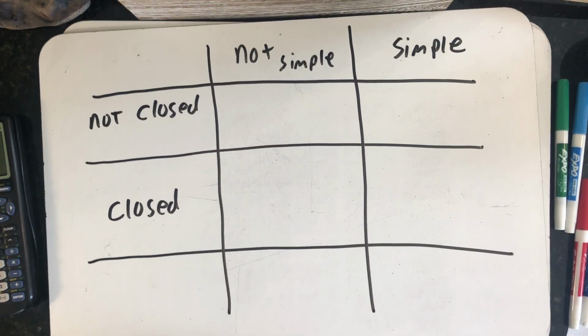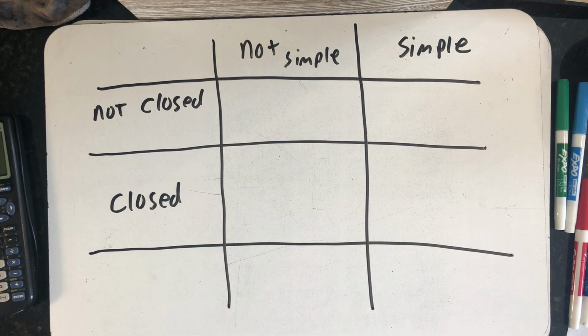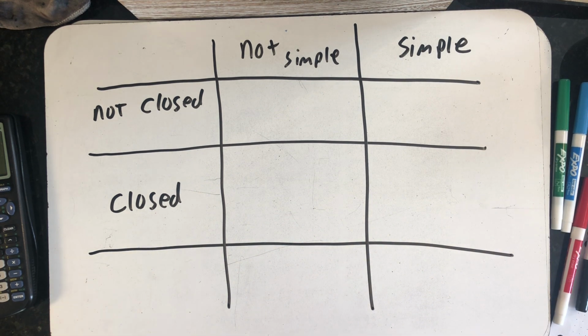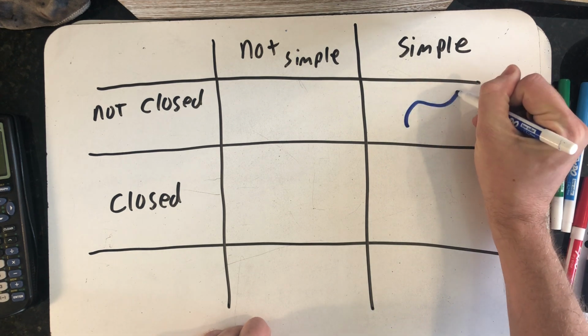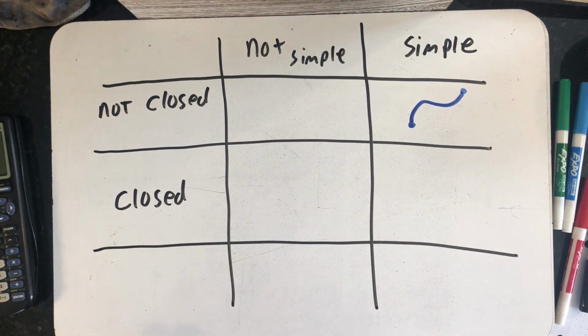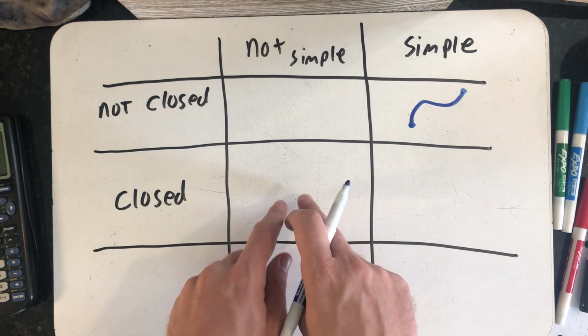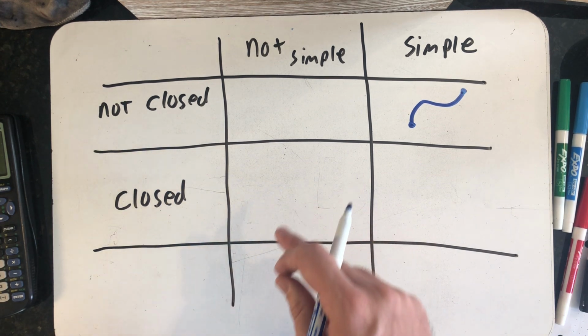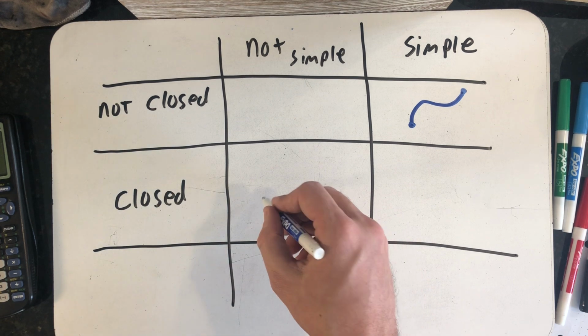So I've given us a little table here, so I want to talk about these things by example. When I say simple, I mean a curve that does not intersect itself. So this curve is simple. All right, well, what do I mean by closed? Well, I mean a curve that begins where it ends.